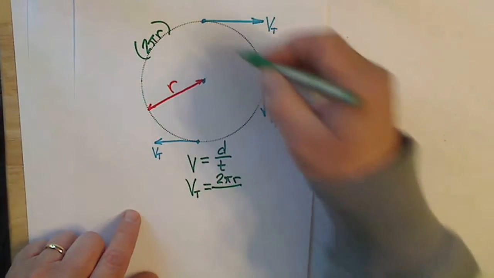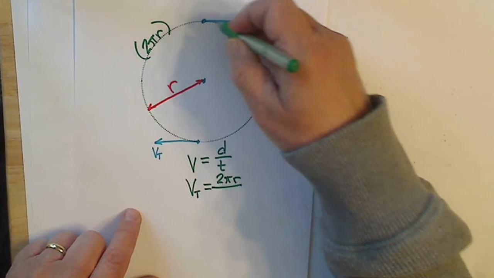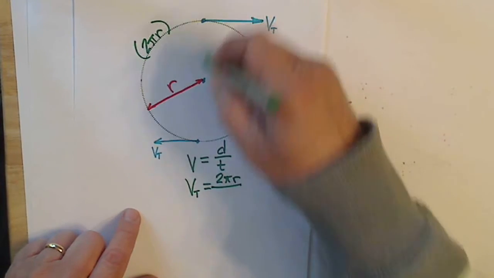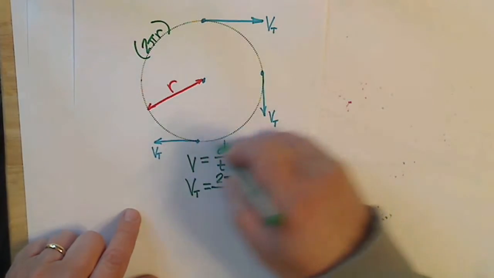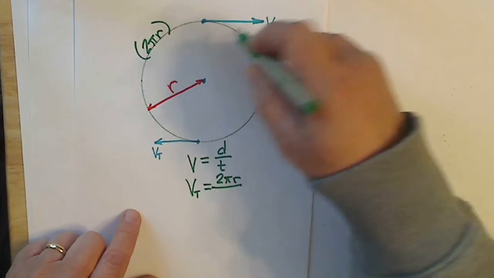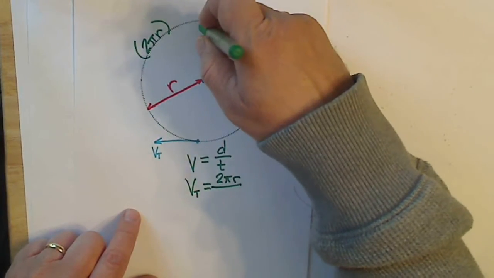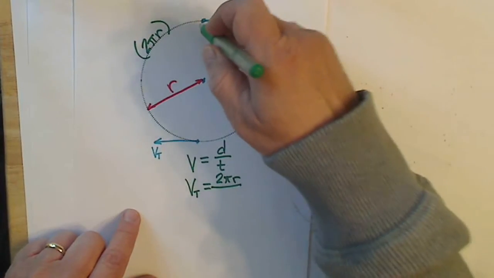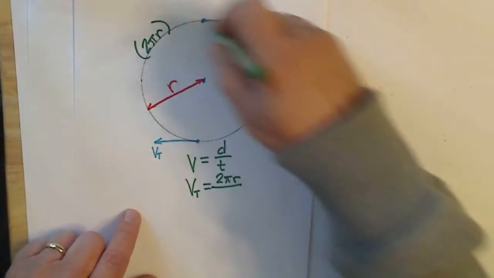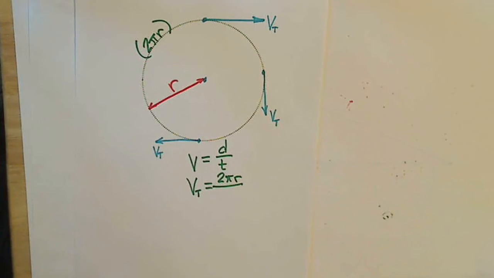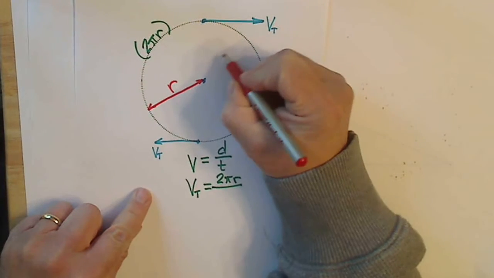Now, there's something special here. The time it takes for an object to go around a circle, or to complete one cycle, let's say this car is going around and around and around. The time it takes for something that keeps on repeating its same motion over and over again is known as its period.